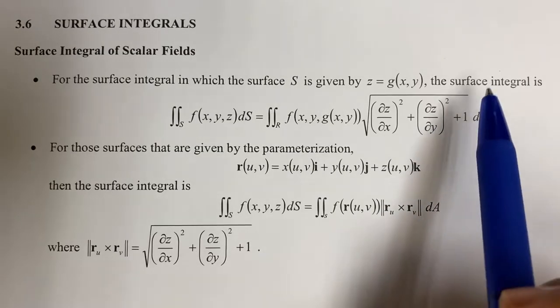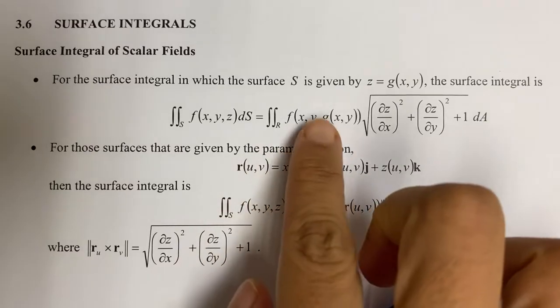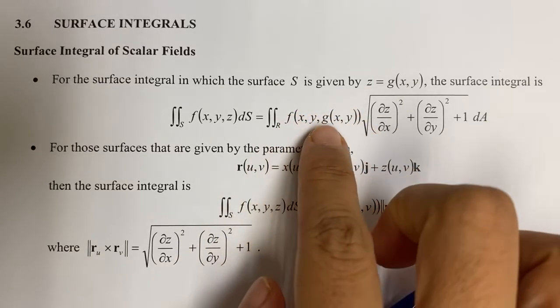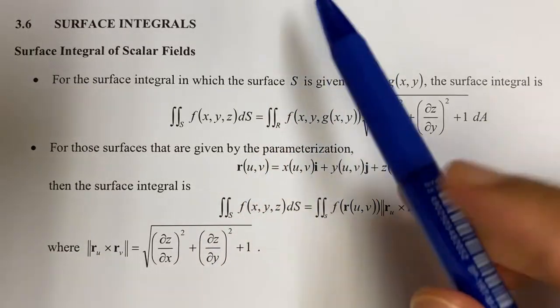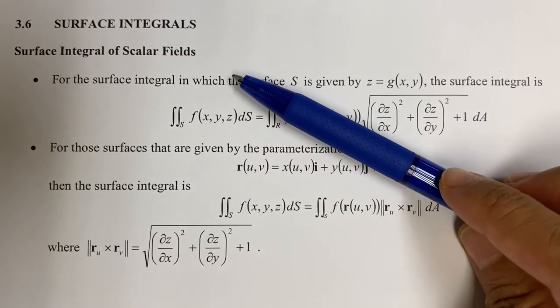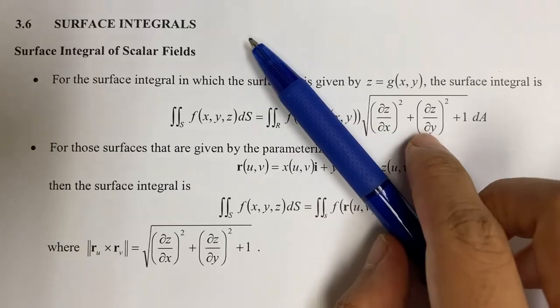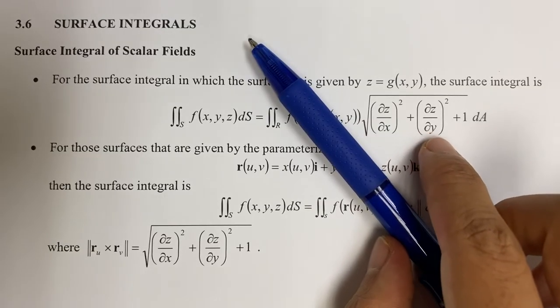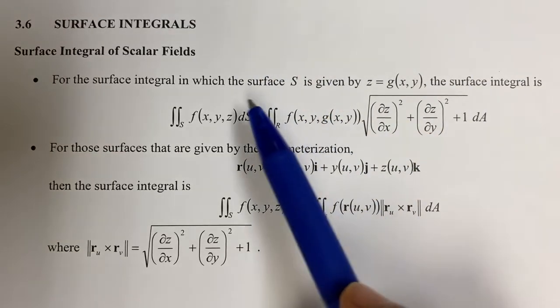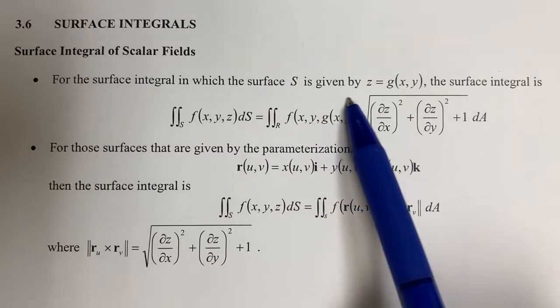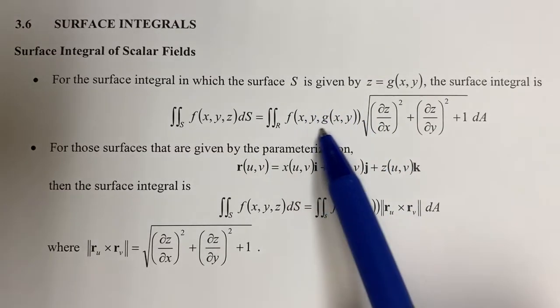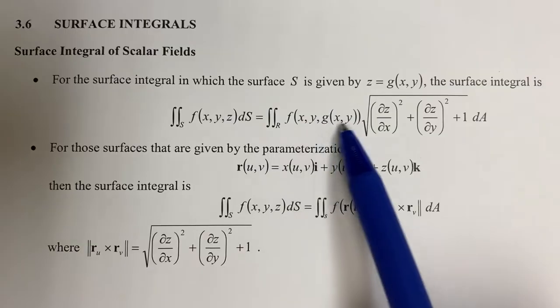Okay, so before this, for the area, f(x,y,g(x,y)) is equal to 1. So that's why to find the area, you just do the double integration for this magnitude, the square root of del z over del x square plus del z over del y square plus 1. But now, for surface integrals, we have a function. It's not equal to 1 anymore.